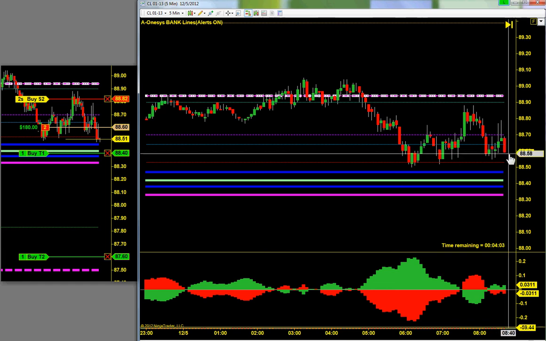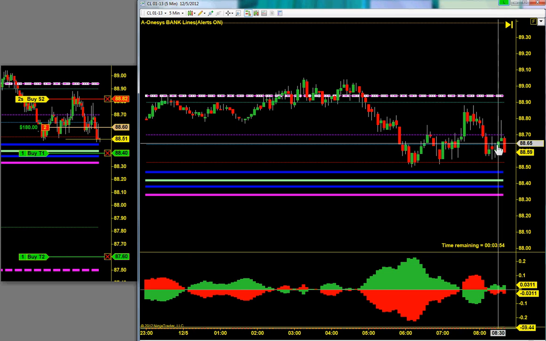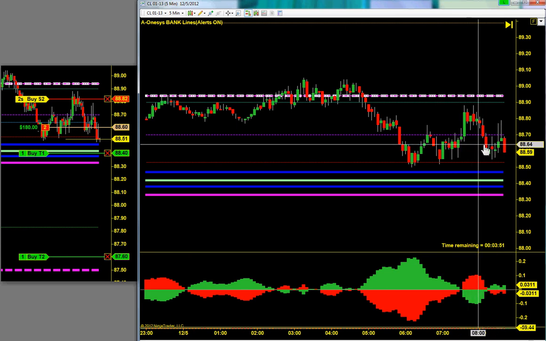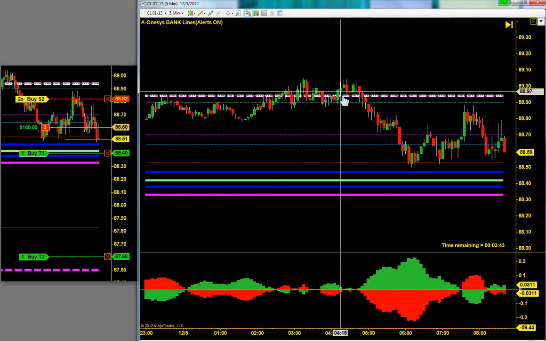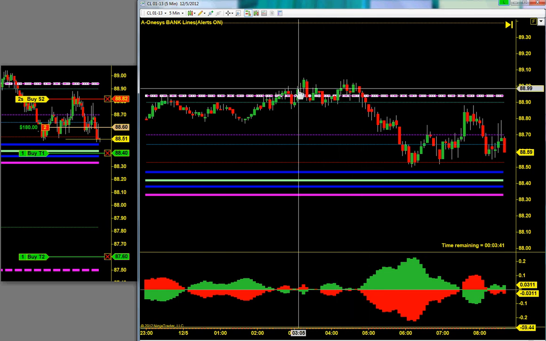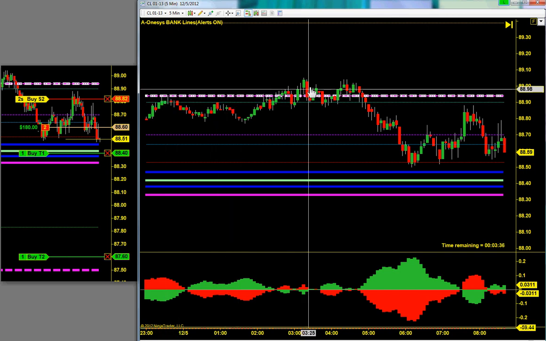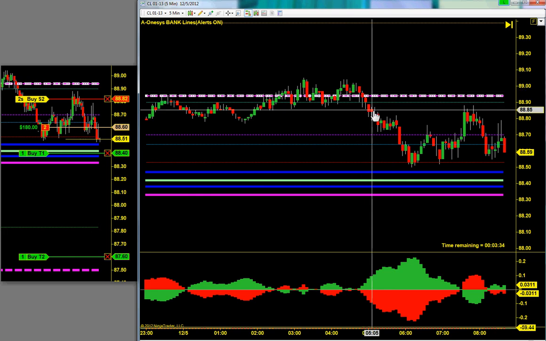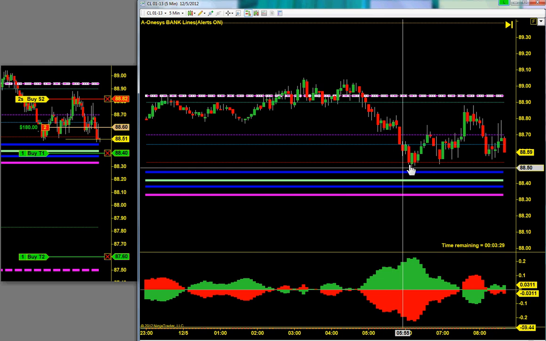Now it looks like it's declined by this white line right here, and then right here, and then right here. But because of the big bank lines down here, that's why it made this retracement. As I was saying, it's gonna run between these, then maybe gonna cross either one, either the bottom ones or the top ones.